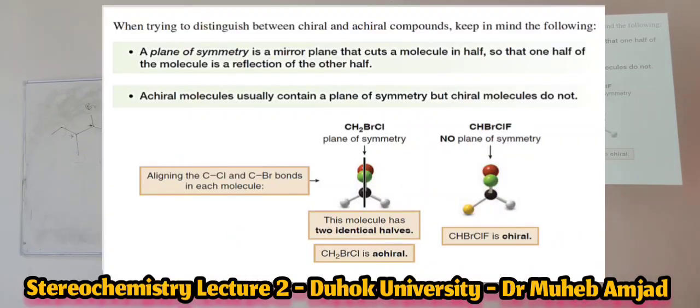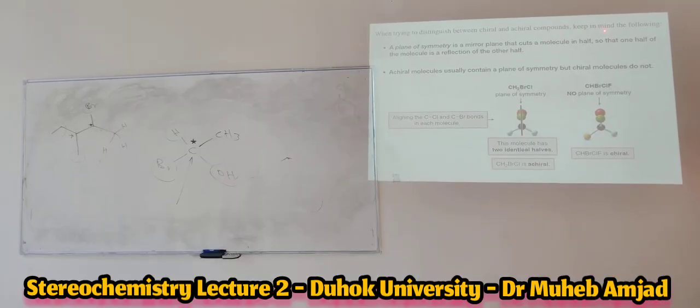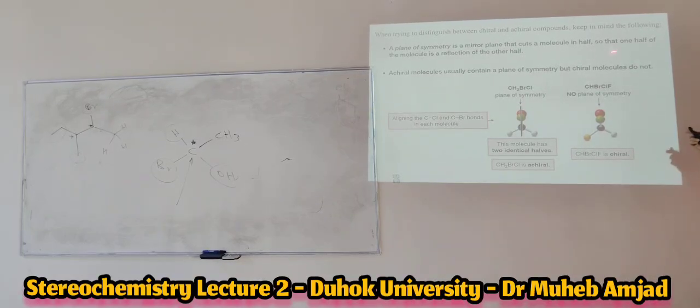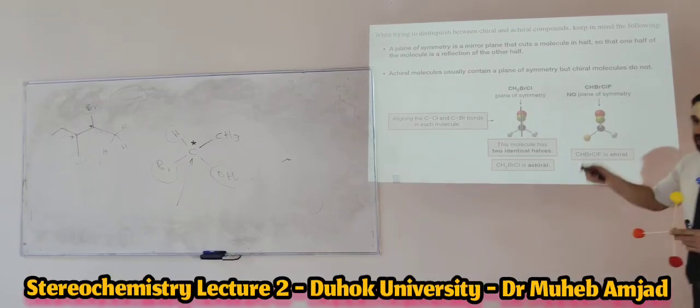So, when trying to distinguish between chiral and achiral compounds, keep in mind the following. Okay. A plane of symmetry is a mirror plane that cuts a molecule in half, so that one half of the molecule is the reflection of the other half.